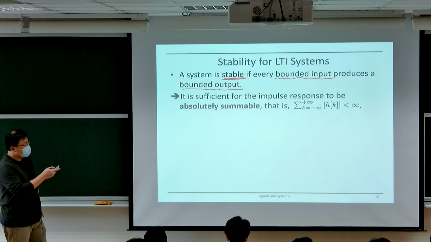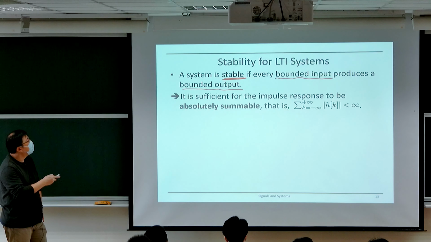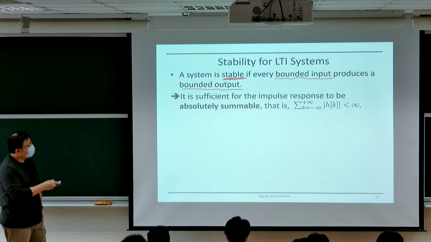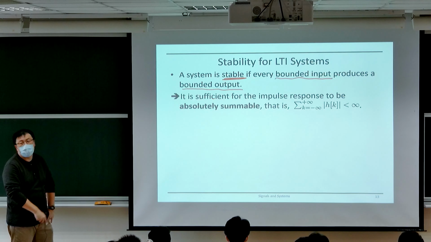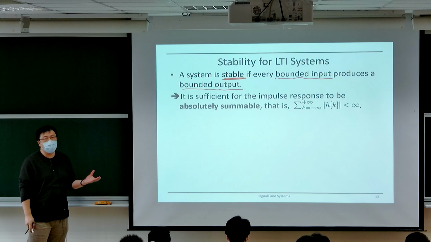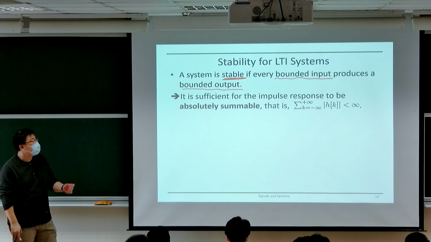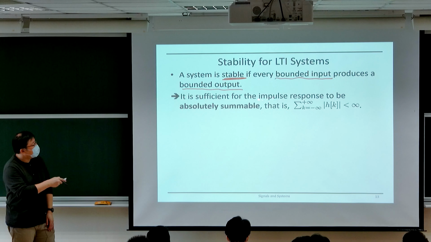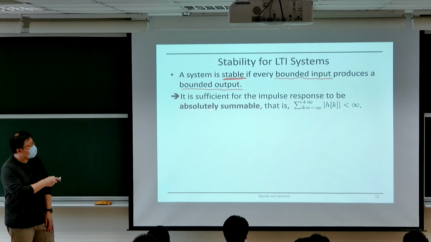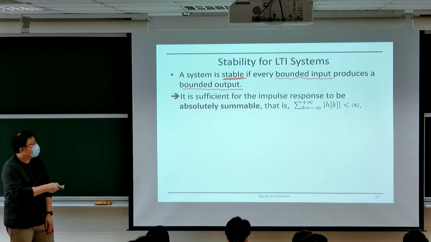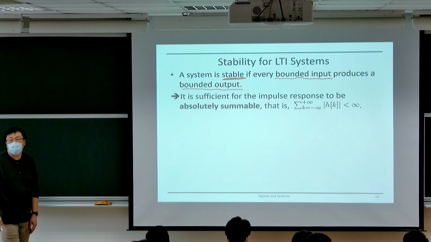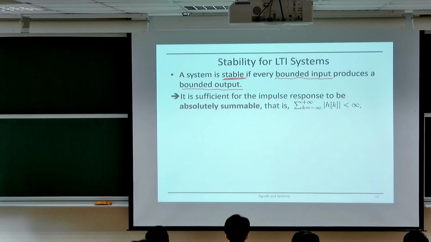In this case, we can show that it is sufficient for an impulse response to be absolutely summable. So if you want a system to be stable, it is sufficient for its impulse response to be absolutely summable, meaning that the sum of the absolute value of the impulse response must be finite, less than infinity.